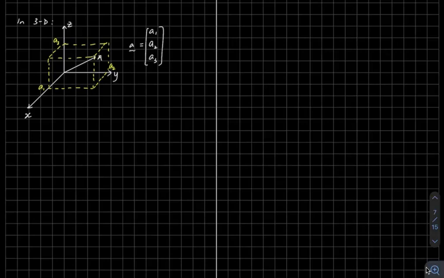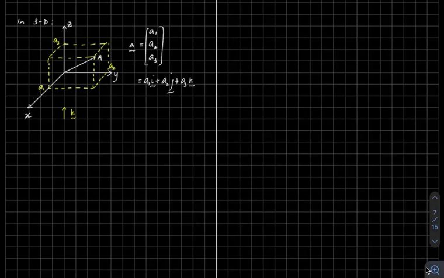Now, if we introduce a third unit vector in the direction of the axis, a vector k, which is a vector of magnitude 1 in the direction of the z-axis, then we could write this also as a1i plus a2j plus a3k.